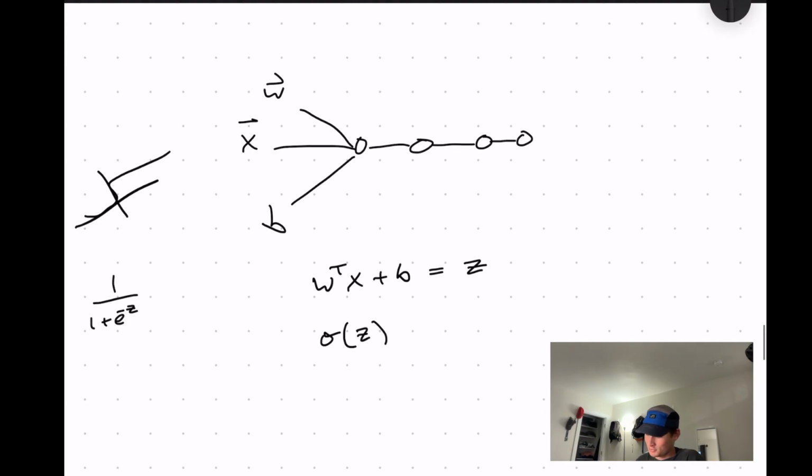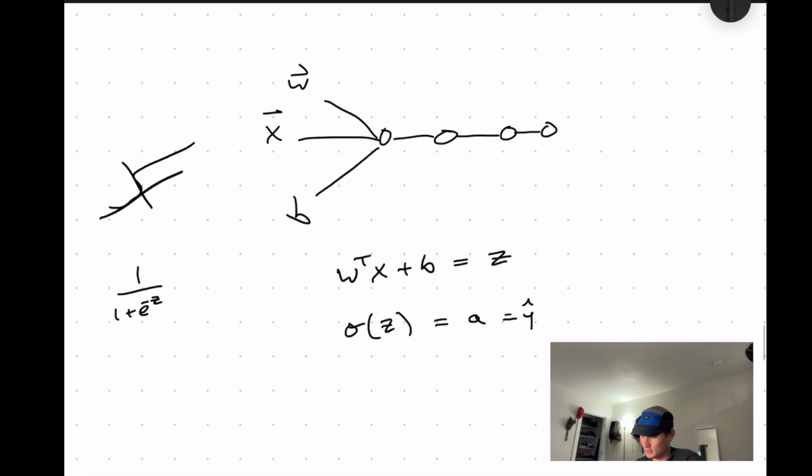That is a sigmoid function, and we call this a. And that's the only thing. So that also equals our prediction. So logistic regression is linear regression, except we take the output of the linear regression and put it in the sigmoid function. So we're just one more step. And that one more step actually does some interesting things.